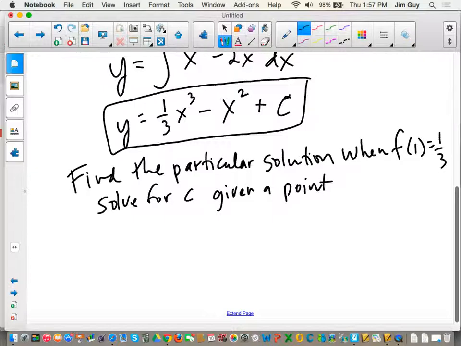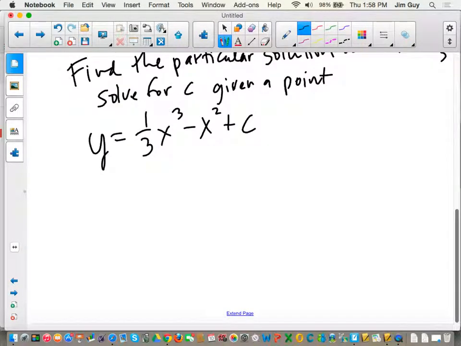If you think about this plus c, if you graphed all the equations plus c, they would look exactly the same, but they would be through different y-intercepts. They'd be stacked on top of each other. There's probably a graph in there we can look at. We're finding the one particular solution that goes through this point. In terms of notation, if this is y equals, of course we can use function notation and say f of x equals that.